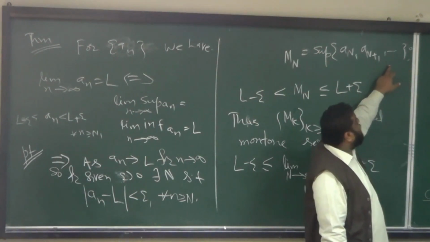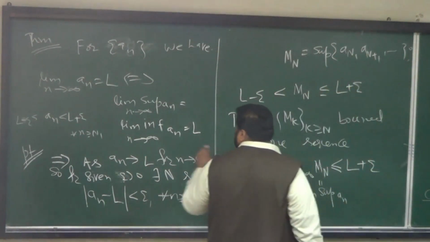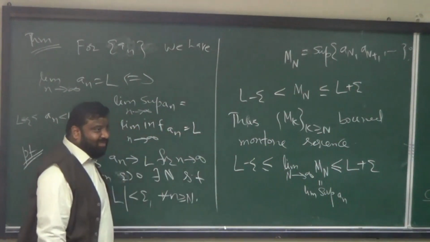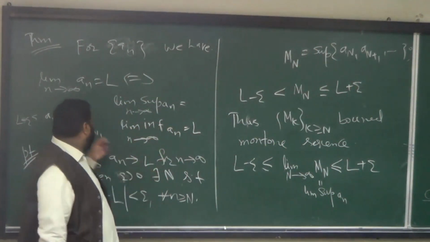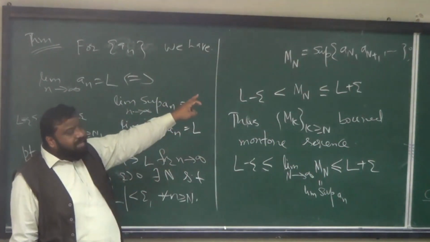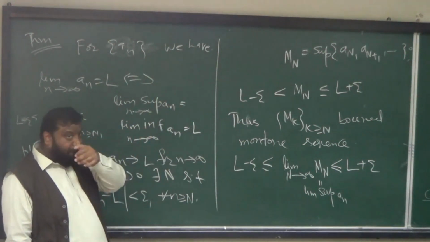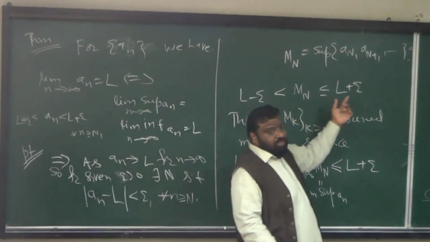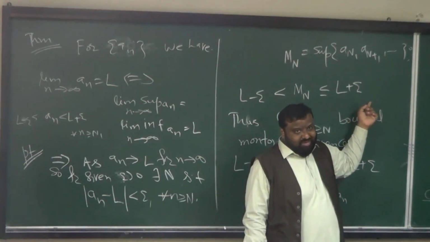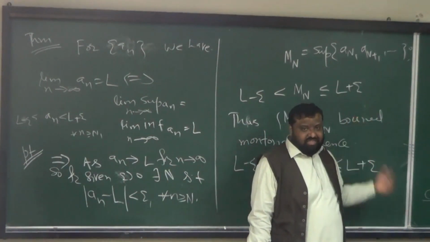So what should be the relationship between this supremum and L plus epsilon? It should be less than or equal, because Mn is the least upper bound. It could be L plus epsilon, or it could be strictly less.